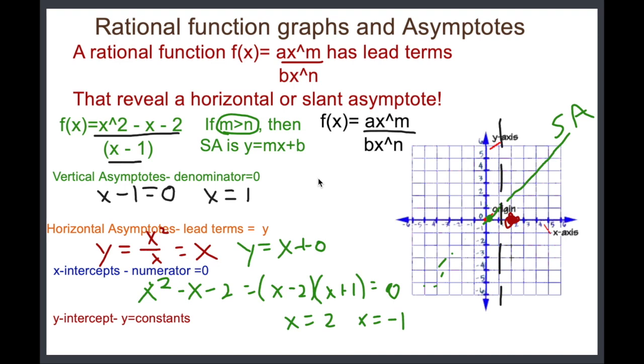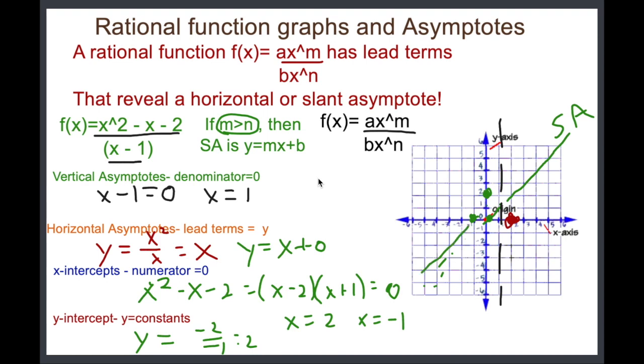All right, now we're ready for the last step. We've got our x-intercepts that were 2 and -1. And so the y-intercept is the constant, so that one is y equals -2 over -1, which is 2. So let's put this on here. And now I think we can see a pretty clean pattern here.